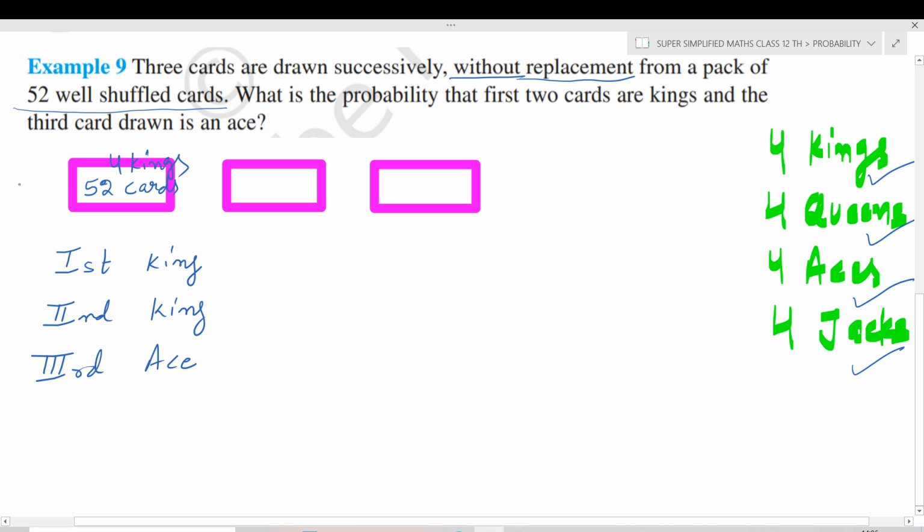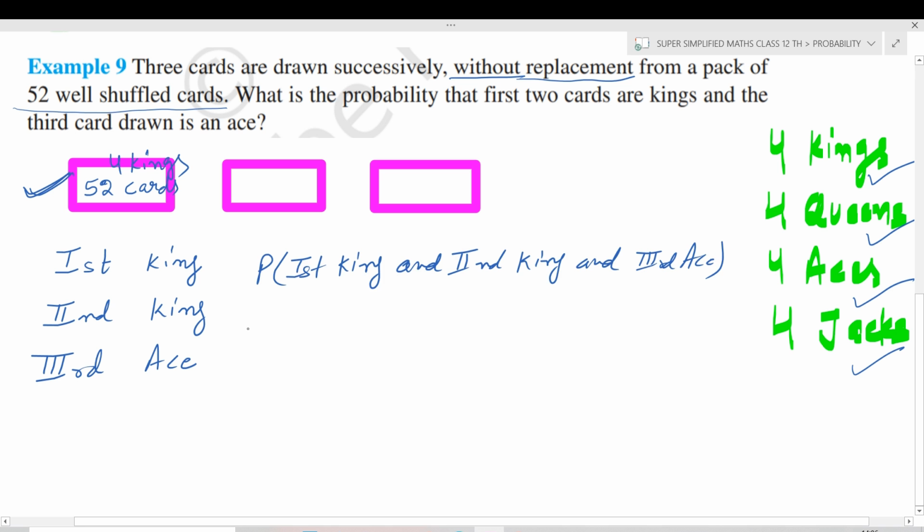So this is the initial situation, which has got 4 kings and 52 cards. And you want to know the probability of first king, and second king, and third ace.